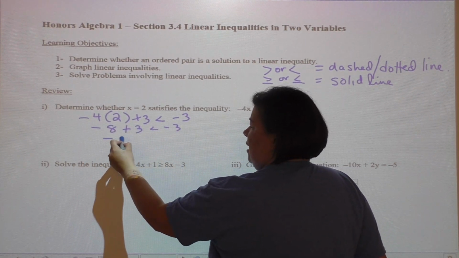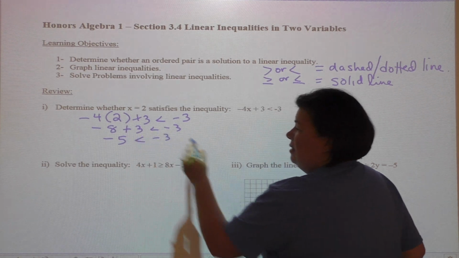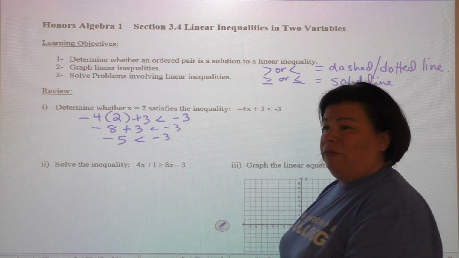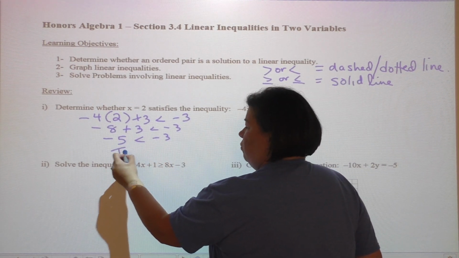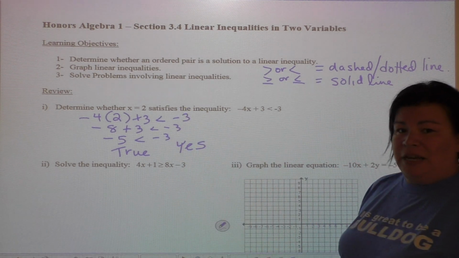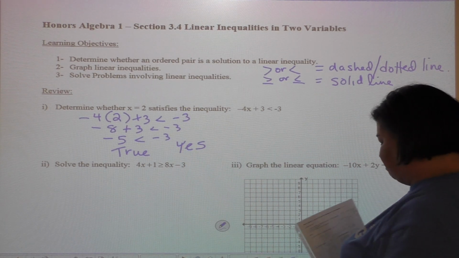And this is -5 is less than -3. -5 is indeed less than -3. So because this is a true statement, we're going to say yes, x equals 2 satisfies this inequality.